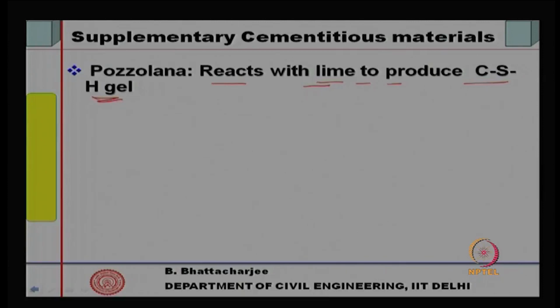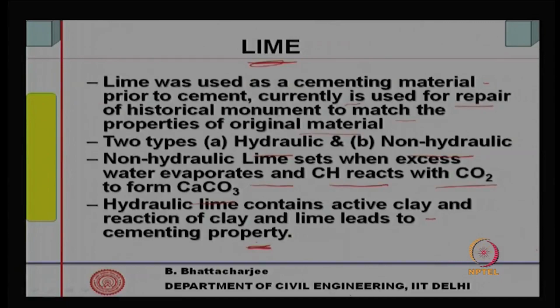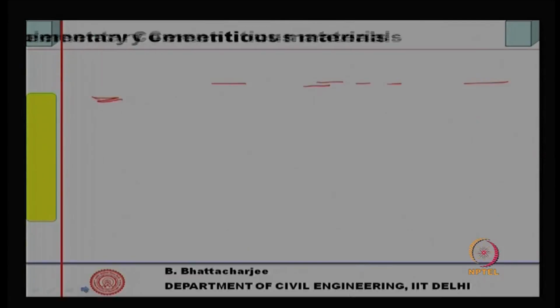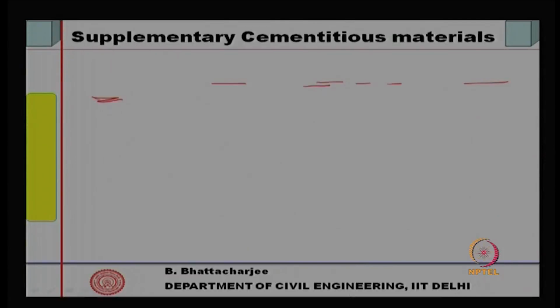This was actually discovered pretty early, like the volcanic ashes I mentioned in Roman civilization. They used volcanic ash together with lime, and they found that it can give similar cementing property. In India, as I said, lime and surki.